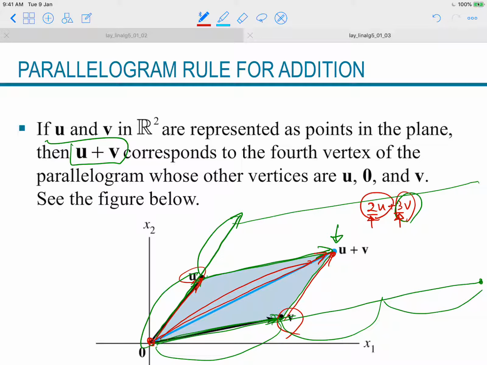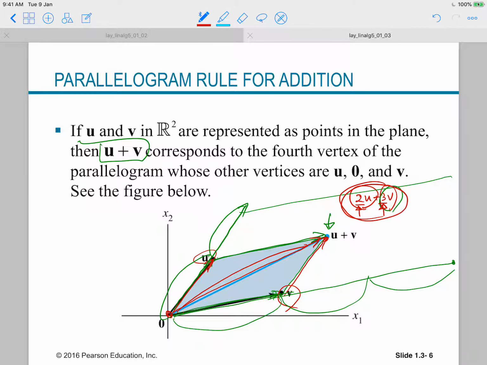And for that, the fourth or the last vertex of our parallelogram is our result, or the final output of this linear combination, right?